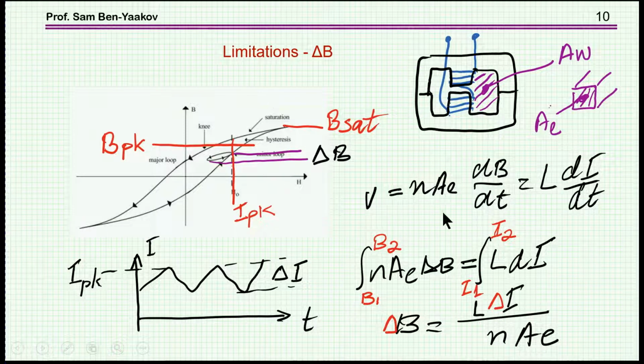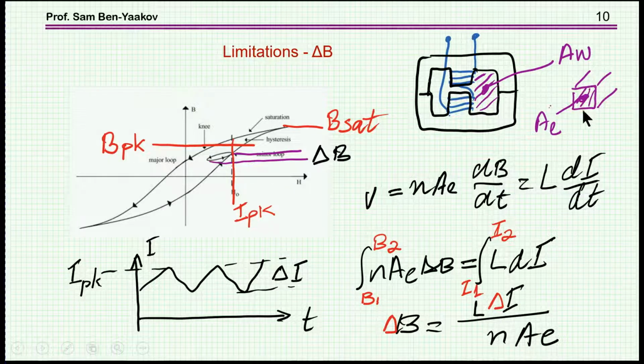And in fact, I can use the same relationship as before, but now I can do the integral between B1 and B2. This is delta B between them. And this will be corresponding to I1 to I2. And I'm getting this relationship. It's very similar to what I got before, except that now it's for changes. That is, delta B is L delta I over this cross-section area.